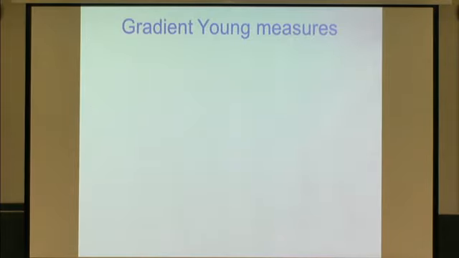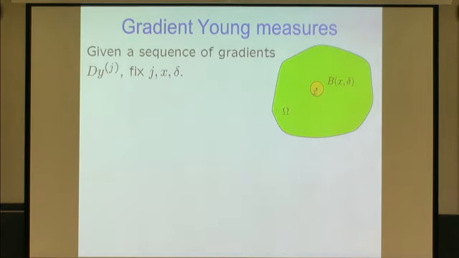The second, slightly more sophisticated tool is gradient Young measures. Suppose we're given a sequence of gradients Dy_j defined on Omega, and I'm going to behave as if I was a microscopist.